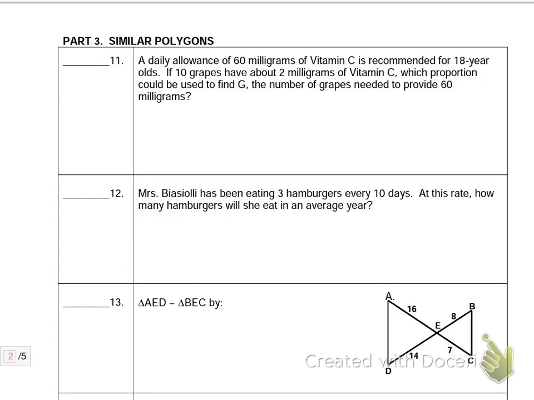Okay, a daily allowance of milligrams of vitamin C is recommended for 18-year-olds. If 10 grapes have 2 milligrams of vitamin C, which proportion can be used to find G, the number of grapes needed to provide 60 milligrams? Okay, so I have 10 grapes have about 2 milligrams. So I'm going to set up a proportion of grapes over milligrams.